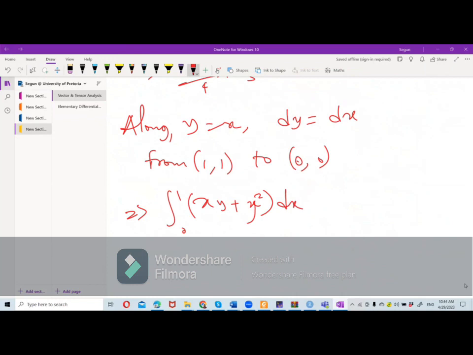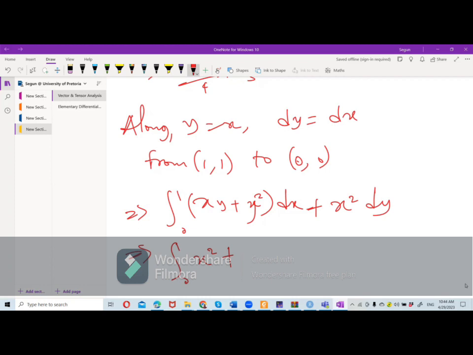So what do we have at the end of the day? We can now begin to substitute. Plus, remember that from the original equation, we have x squared dy. So at the end of the day, we have the integral from 0 to 1. Substitute x here. We have x squared plus y squared.